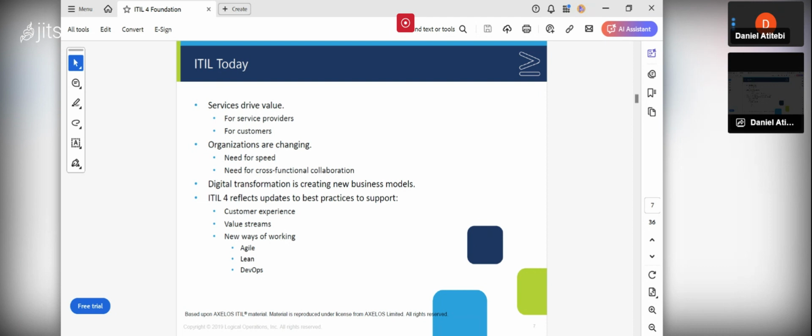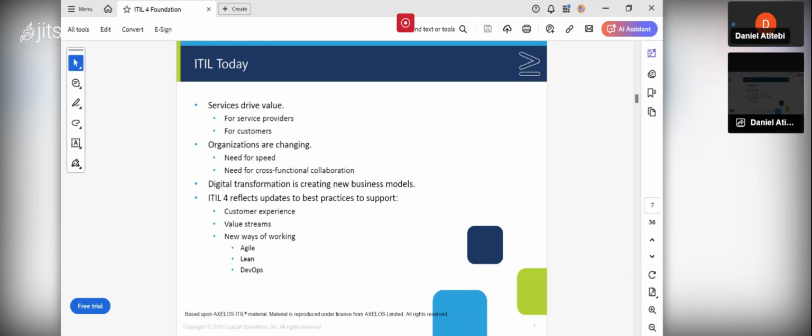To get value from your service, it's a two-way affair. Value flows toward the service provider, and also toward the customers. So both the service provider and the service user co-create value. Before, we normally said an organization provides service, a service provider delivers service.